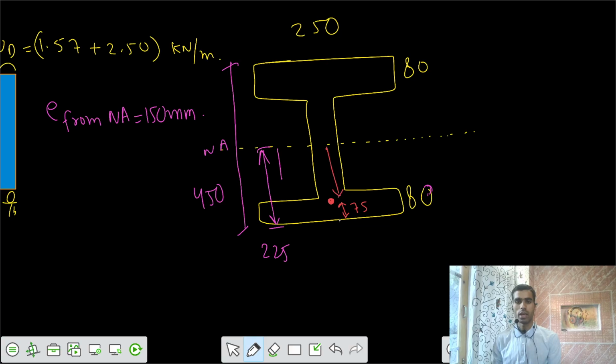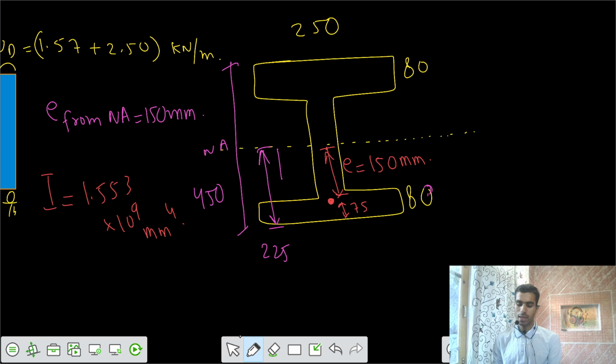Because this is your e, e is equal to 150 millimeters. The cable is located at an eccentricity of 150 from the neutral axis. And the moment of inertia of this cross section is also given to you. We can solve that still, but it's given as 1.553 times 10 to the power 9 millimeter to the power 4.